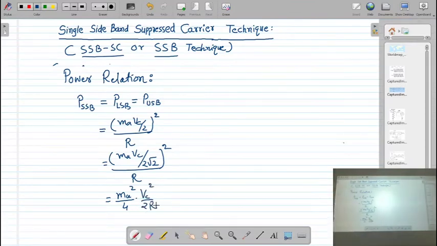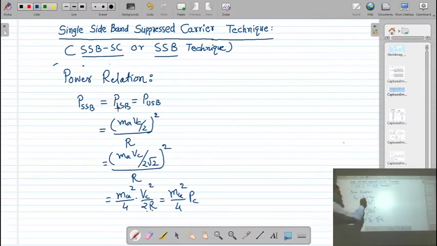And we know that Vc squared by 2R is the carrier power. So this is Ma squared by 4 into Pc. Correct? So this is the power of an SSB wave.